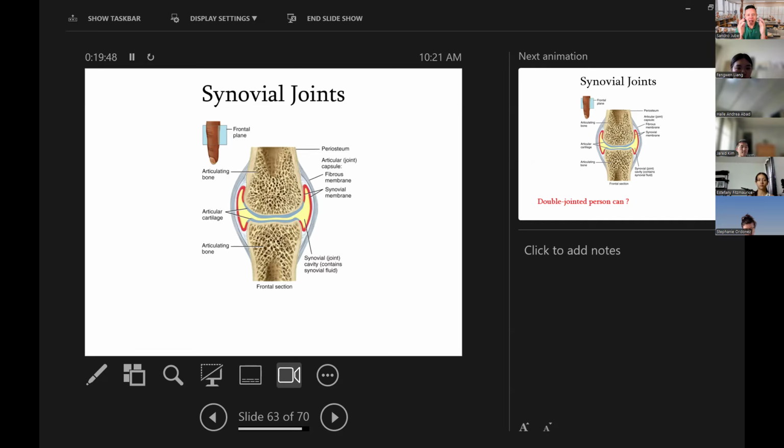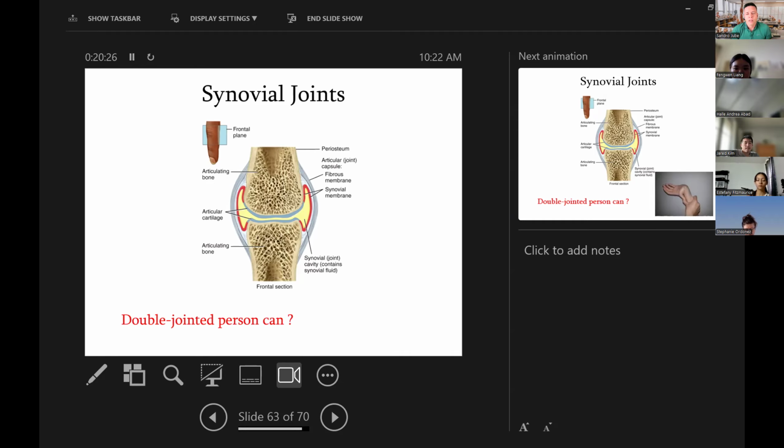It will close the joint. Now, the synovial membrane and the synovial cells produce a fluid called synovial fluid. What is the function of the synovial fluid, guys? Synovial fluid helps to lubricate our synovial joints. We only find synovial fluid in synovial joints, okay, because it is made by the cells in the synovial membrane.